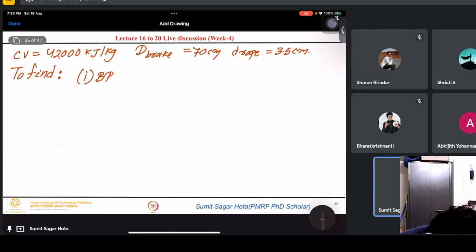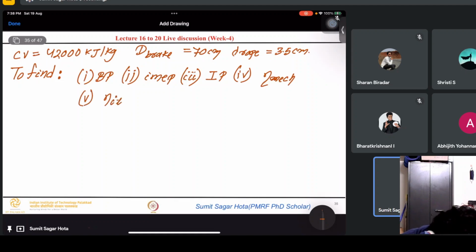Brake power, IMEP indicated mean effective pressure, indicated power, mechanical efficiency, and indicated thermal efficiency. Okay.